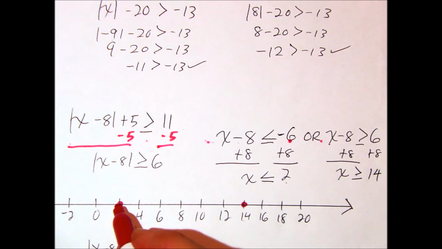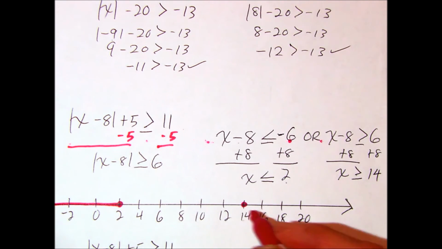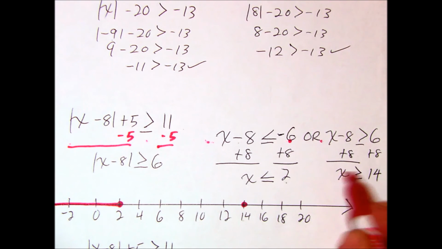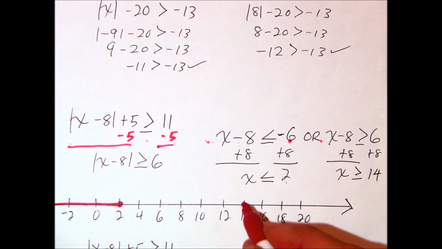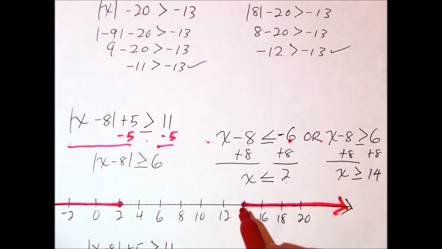So everything including 2 to the left of 2 is a solution, and the arrow is pointing to the right. My variable's on the left, so I can use that to tell me which way to graph. So everything including 14 to the right is part of the solution.